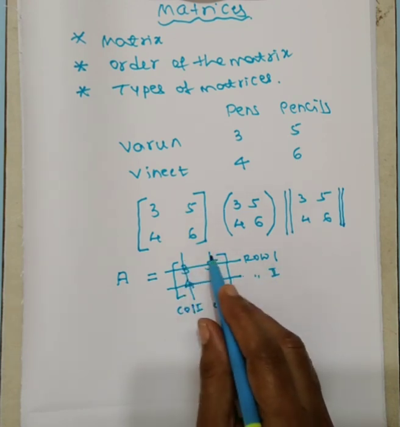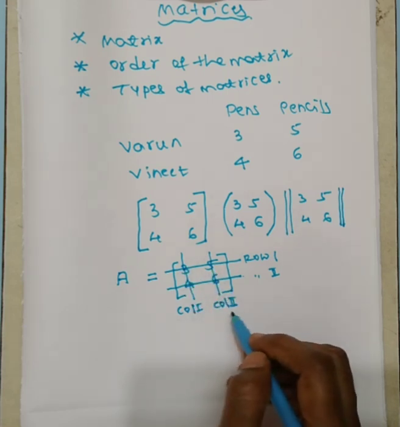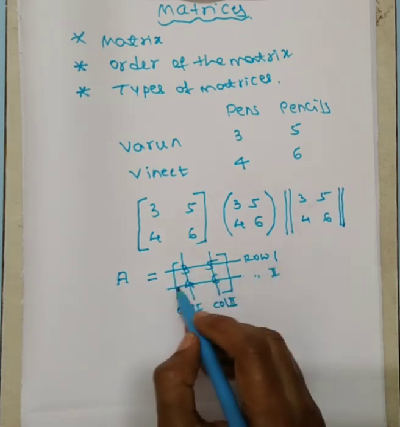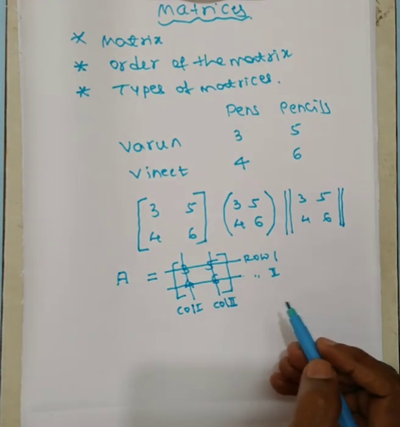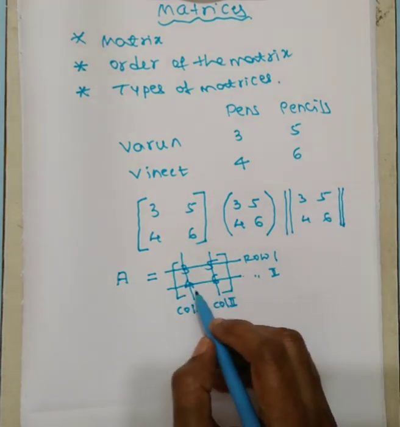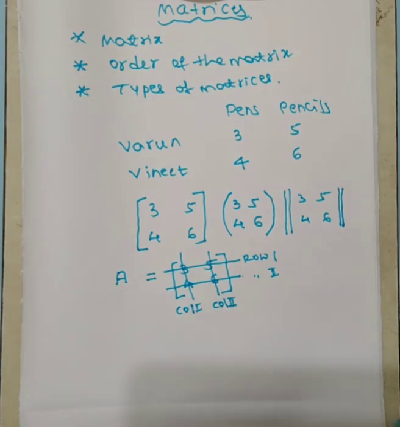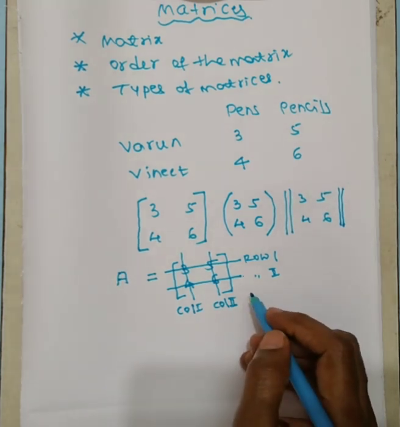Vertical lines of elements are called columns and horizontal lines of elements are called rows. So in this matrix there are 2 rows and 2 columns.